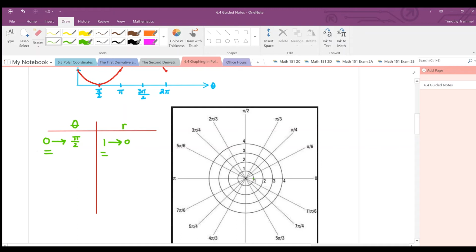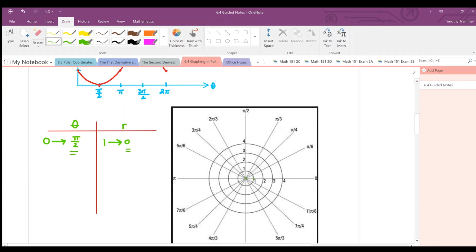Then at the end of this interval, when theta is pi over 2, r is 0. So as we start rotating around here, we should end up back at the origin. If r is 0, it means we're 0 units from the origin.